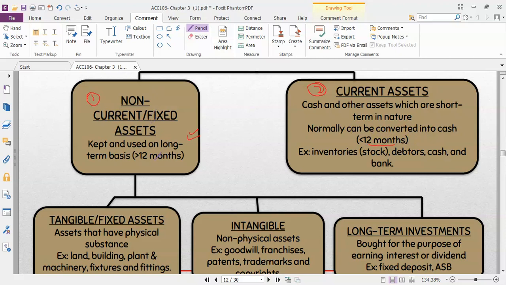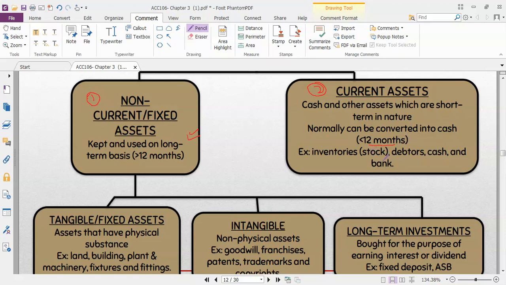Kita akan guna, kita beli and then kita guna dan simpan dalam masa yang lama. Kalau current asset pula, asset tersebut senang sangat kita nak convert into cash. Okay, for example, cash itself. Okay, maknanya in the short term, kita gunakan cash tu. And then untuk kita beli barang ataupun kita nak purchase barang, kejap je dah cash tu dah tak ada. Okay. Kejap je cash tu dah dikeluarkan. Okay, dah berkurang cash kita.